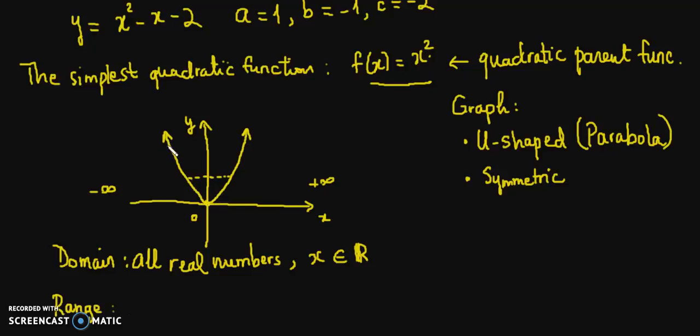Remember that as x approaches negative infinity, as x moves to negative numbers, we see that y keeps going up, and when x approaches positive infinity, the graph also moves up. So y is moving in the upward direction.